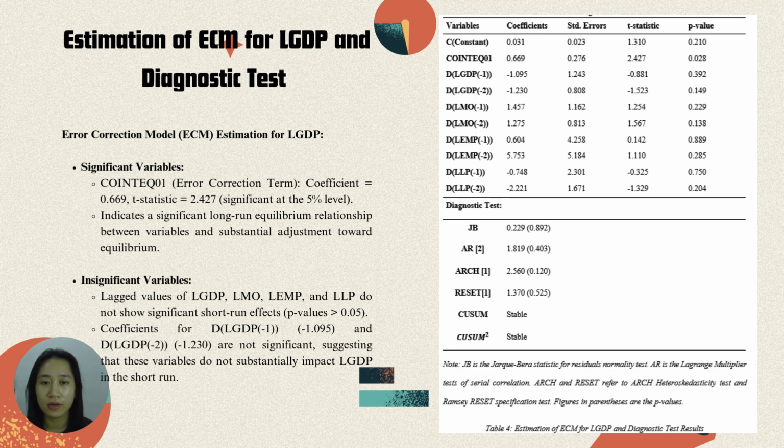However, when examining the short-run dynamics, we can see that the lag variables of LGDP, LMO, LEMP, and LLP do not have significant effects. The coefficients for DLGDP minus 1 and DLGDP minus 2, as well as the lags of other variables, are not significant, indicating that these variables do not have a major short-run impact on LGDP.